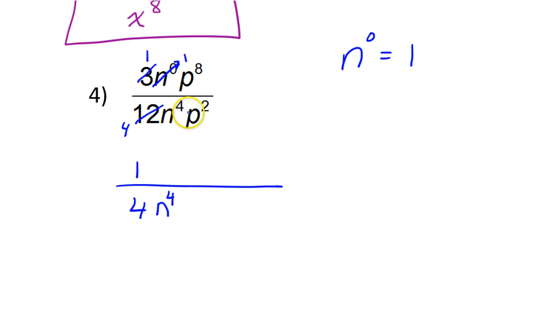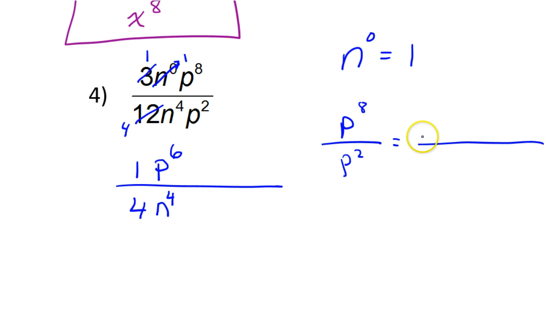Now p to the 8th power over p squared, that's going to be p to the 6th power in the numerator. All right, these two p's are canceling out two of these p's. Look, one more time. If I have p to the 8th power over p squared, what's really happening is p to the 8th power is, let's see, 1, 2, 3, 4, 1, 2, 3, 4.